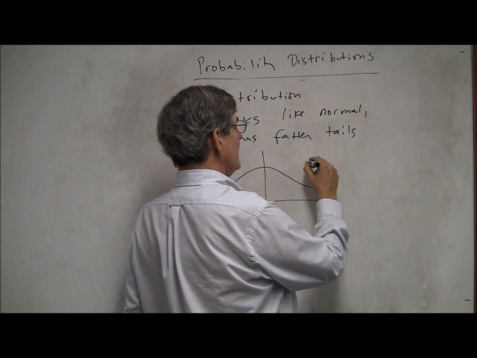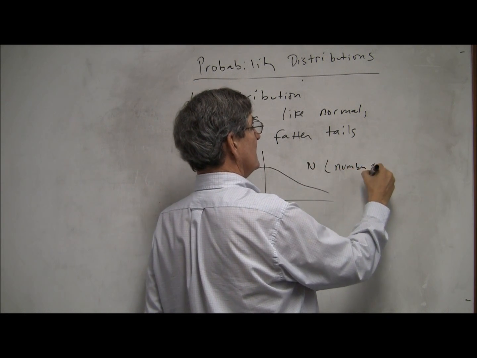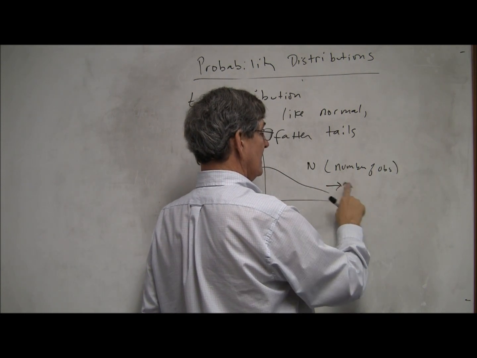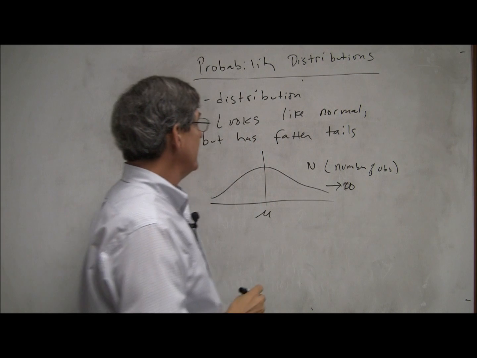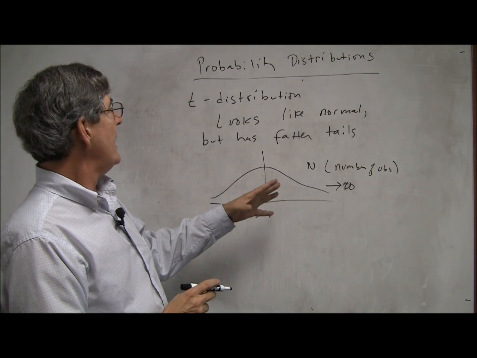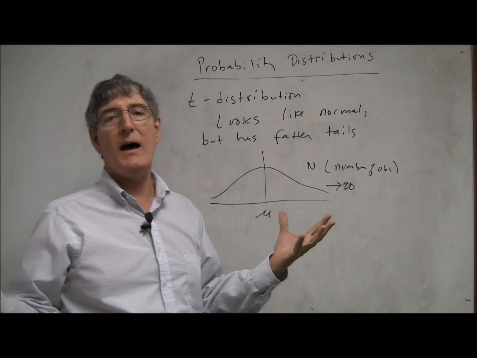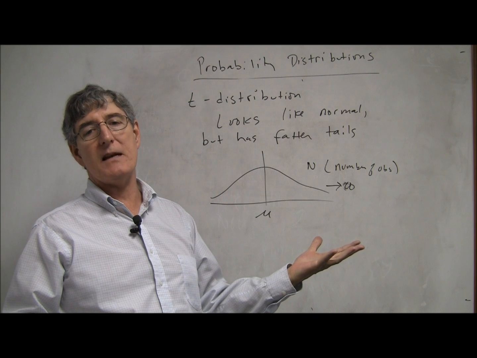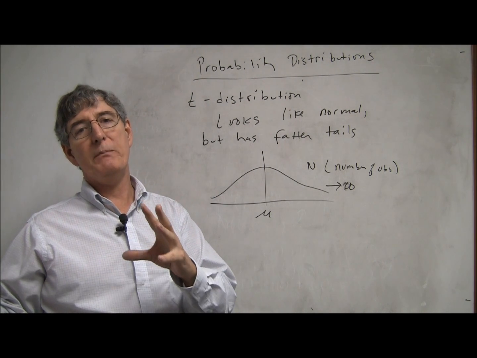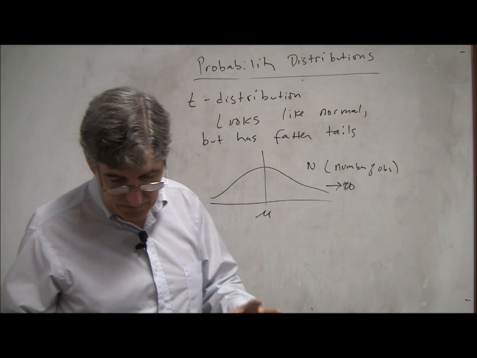When n, the number of observations, goes to infinity, this t-distribution goes to a normal. And when n is greater than or equal to, say you have a data set of 30 or more, you can be pretty sure that the normal approximation is pretty good.